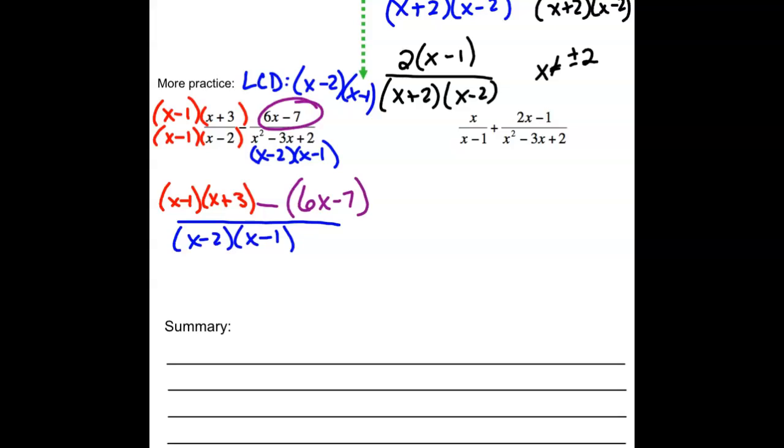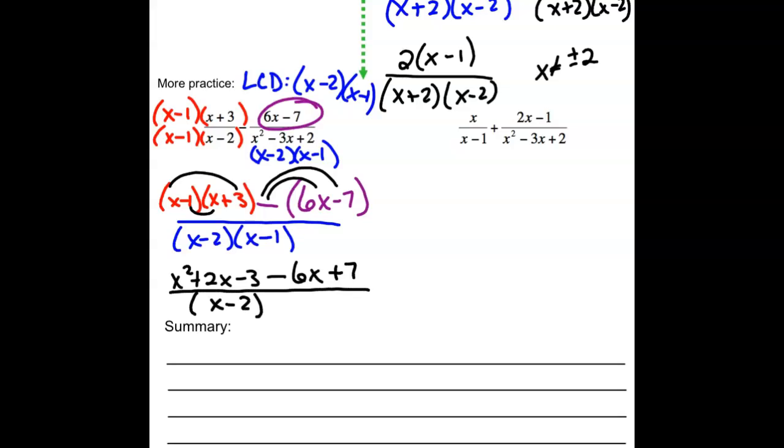All right, let's clean this up. If we FOIL the red part, we get x squared. Outside is 3x, inside is negative 1x, which leaves us 2x. And our last term is negative 1 times 3, or negative 3. We're then subtracting a 6x, and we're subtracting a negative 7, which means we're really adding a 7.